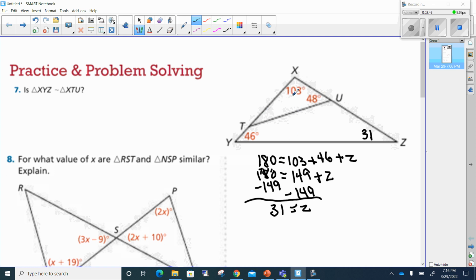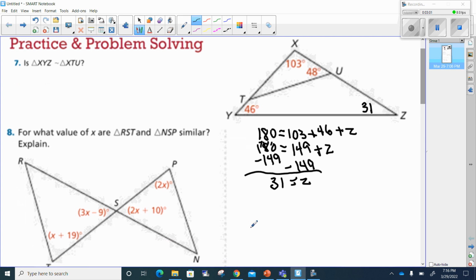We're going to finish the math, though, and find out what this angle would have been, which would be t. Because in this case, we would have had to take 103 and add it to 48, and then get t. So let's finish that one over here. 180, excuse me, would have to equal 103 plus 48, right?